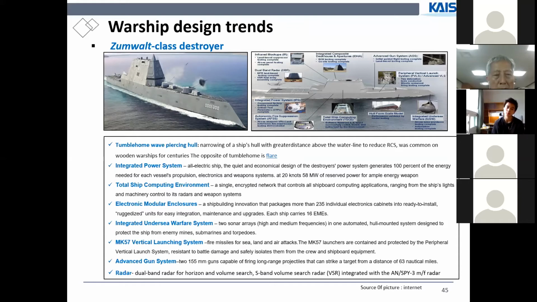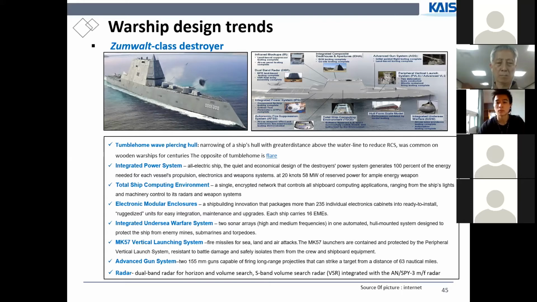This is a very narrow ship with a great distance from the waterline, and the hull is heavily inclined to reduce the RCS. There's no flare. Normally ships have many flares, but this has none. The hull shape is very sharp so the ship goes through the waves. So, wave piercing hulls.